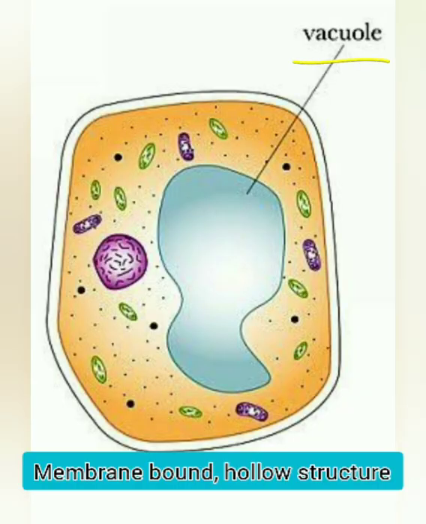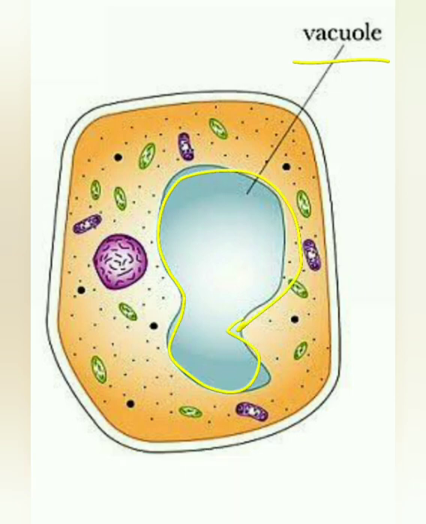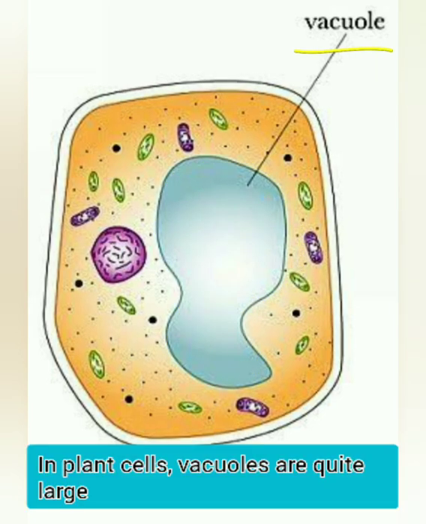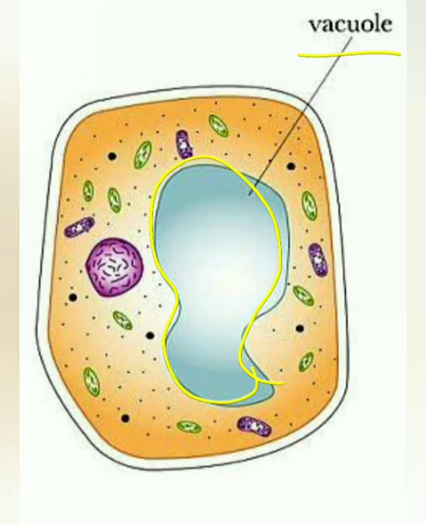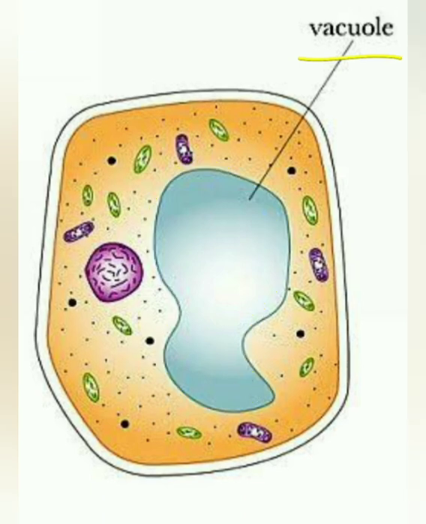Next is vacuole. So these are membrane bound hollow structures that store various substances in a solution. In plant cells, vacuoles are quite large, as you can see here, and occupy most of the cell space. As it occupies so much space, the nucleus, this is the nucleus, is pushed towards the margin against the cell membrane.